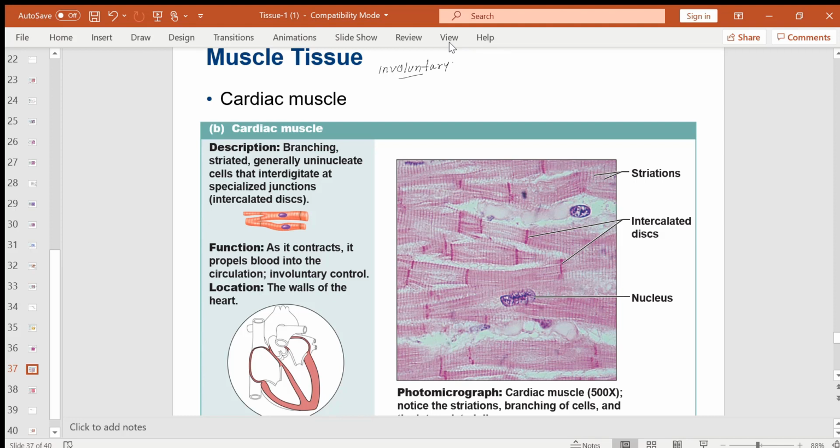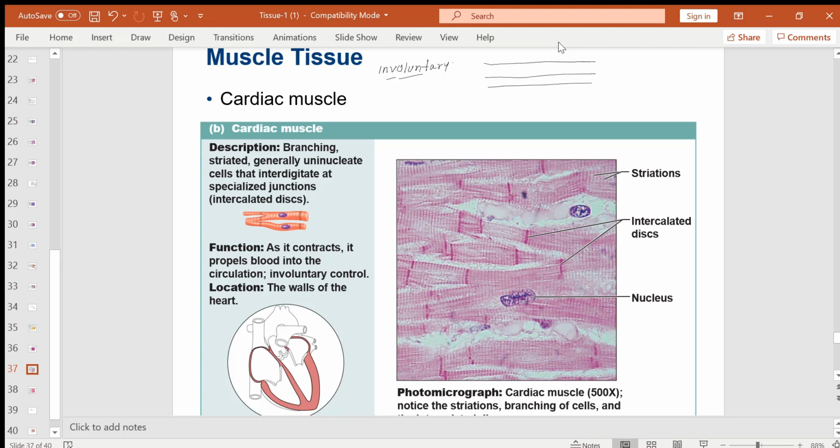Heart is pumping 24 hours without listening to you. You cannot stop it. So involuntary muscle tissue. And if you see the cardiac muscle tissue under the microscope, a couple of things are similar to the skeletal. The fibers are cylindrical shaped fibers.